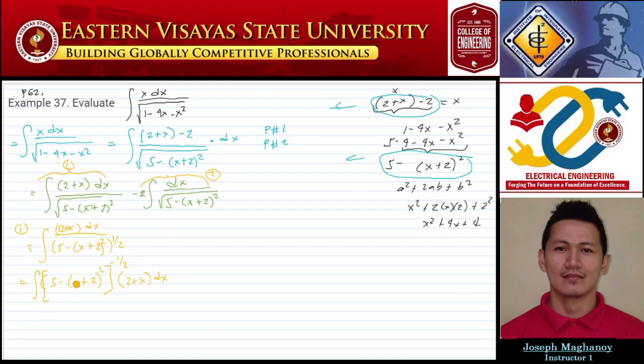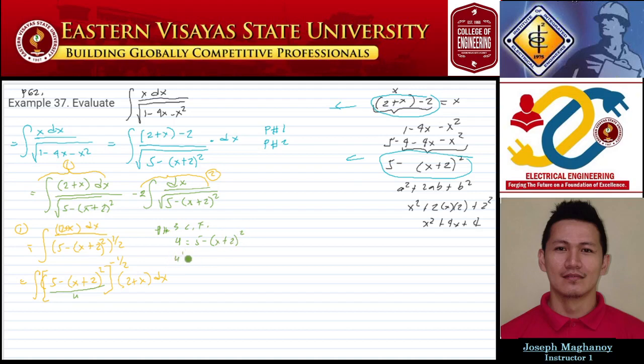Here we can use our power formula. But before we can use our power formula, we need to determine our u, which is this one. So we apply our property number 3. Determine the correction factor. So our u is 5 minus quantity x plus 2 squared.